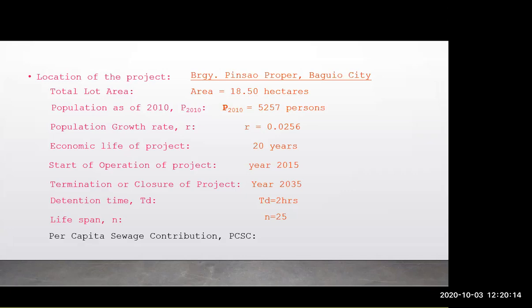And then the per capita sewage contribution is equal to 150 liters per day per person. You can find all this in a table in a book by Metcalf and Eddy. That is your wastewater treatment design. I'll give you access to that book. It's not really a legal copy, so I need you to download it fast because I will remove it. I might get sued, class. But I'll give you the book so that you can use it.